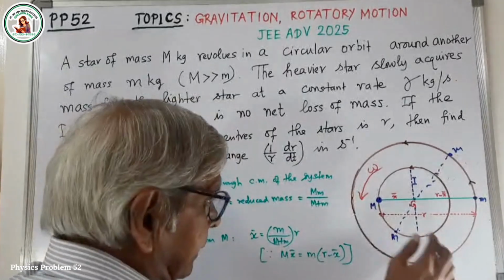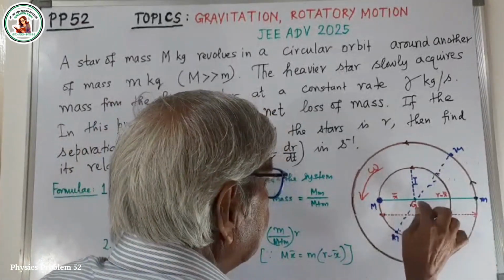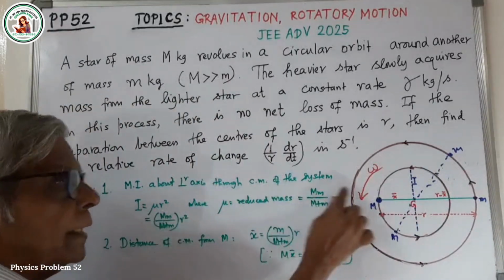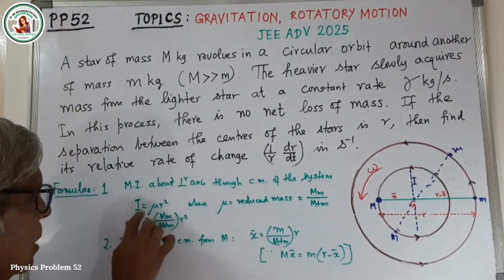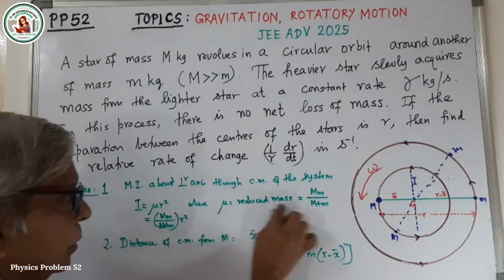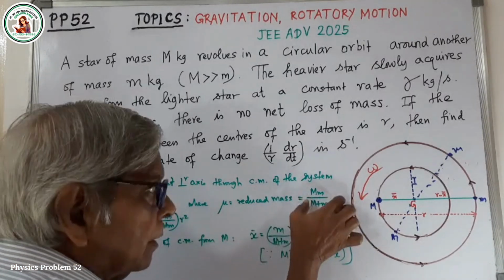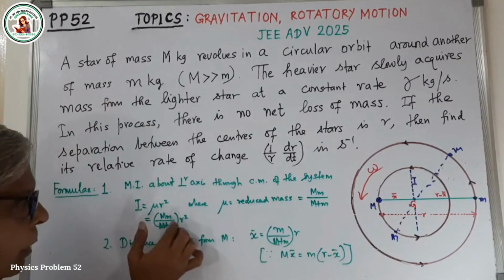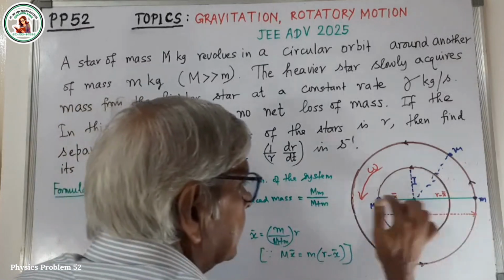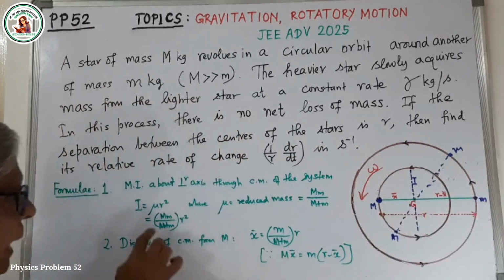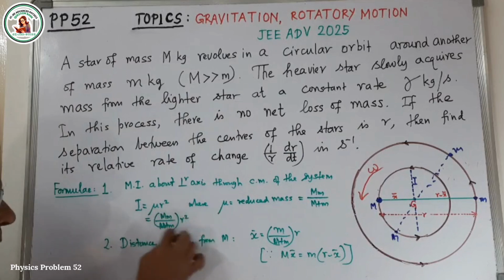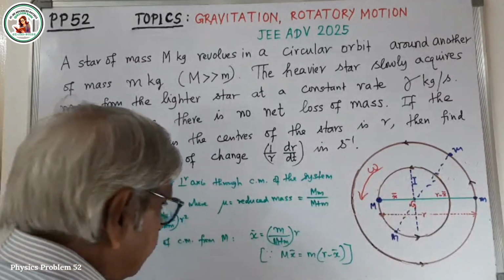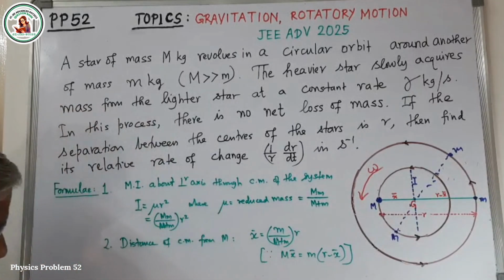The moment of inertia about the perpendicular axis through the center of mass is given by I is equal to mu r square, where mu is the reduced mass, the product of the masses upon the sum of the masses, into r square. r is the instantaneous separation between the stars. That will give you the instantaneous moment of inertia about the center of mass perpendicular axis. That we are going to use in our solution.